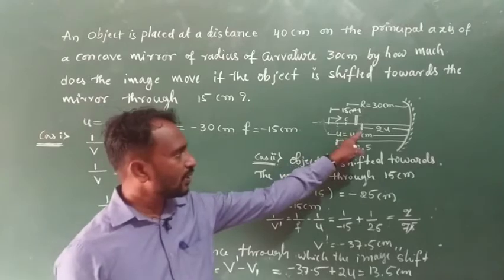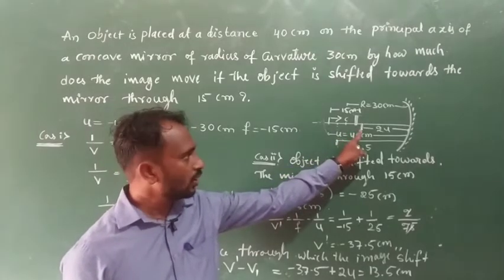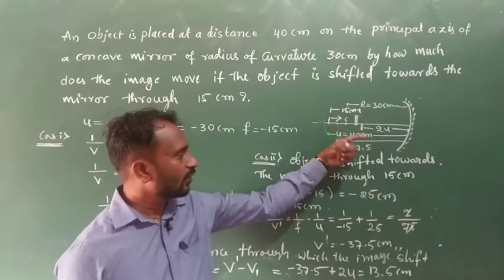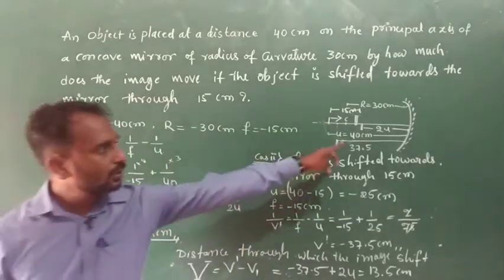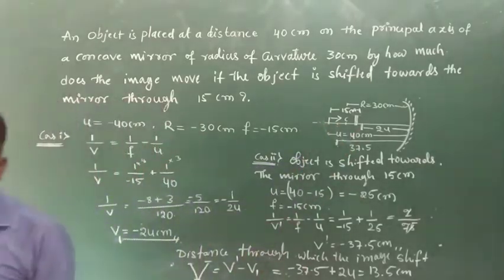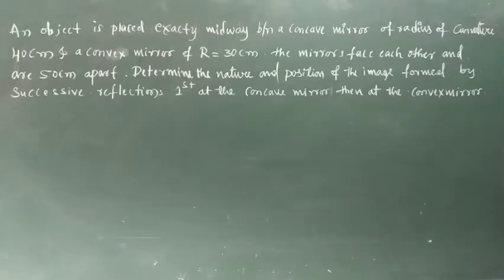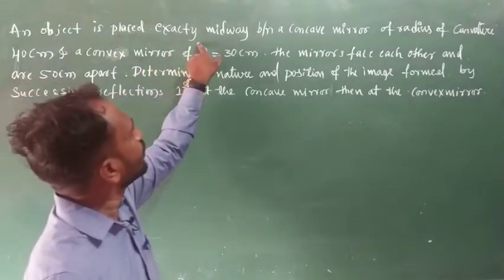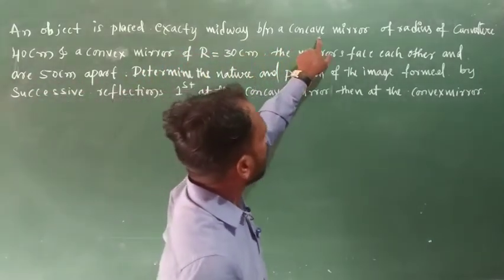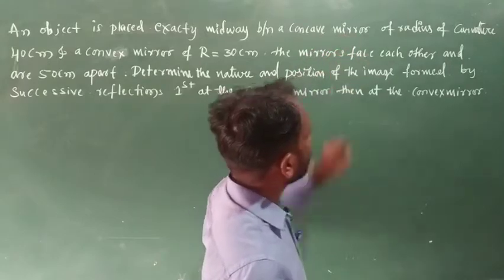Initially this is the image position, and finally, when the object is shifted towards the mirror, the image is also shifted, and the in-between distance is 13.5 centimeter.